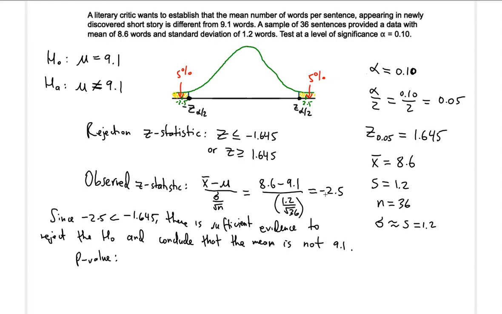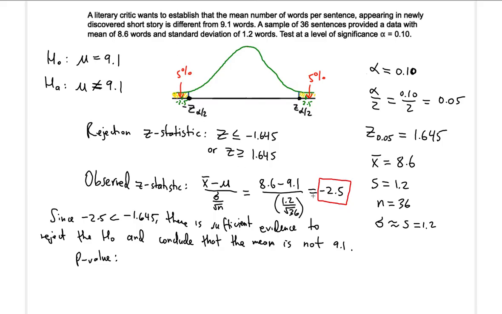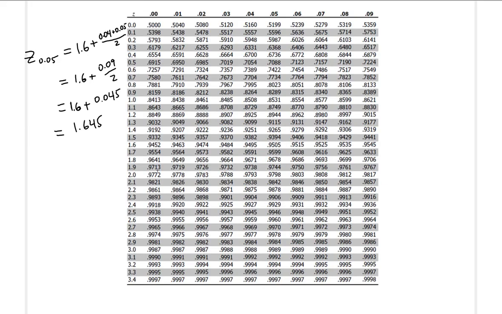To do that, we have to use the negative 2.5 and go in reverse using the table. Remember that we started by using the probability to find the corresponding z-value. But here we have to do the opposite. We have to first use the value and find the percentile. So negative 2.5. Notice that you might be stumped.